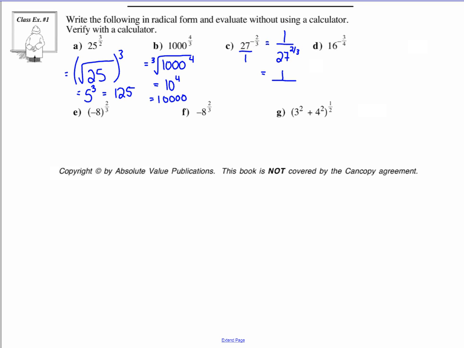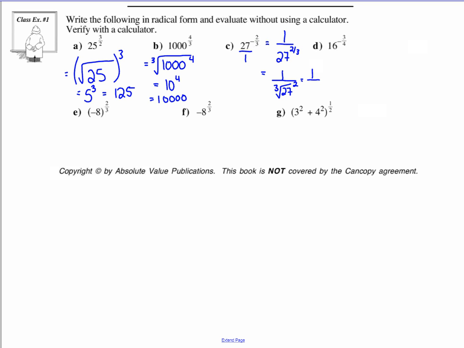Okay, now let's write it as a radical. So is this a cubic root or a square root? Cubic root of 27 all squared. So I'm going to cubic root 27 because I don't know what 27 squared is. You don't, I don't. And if you do, you're in the wrong class. You're like a machine. Doing numbers in your head like that would be impressive.